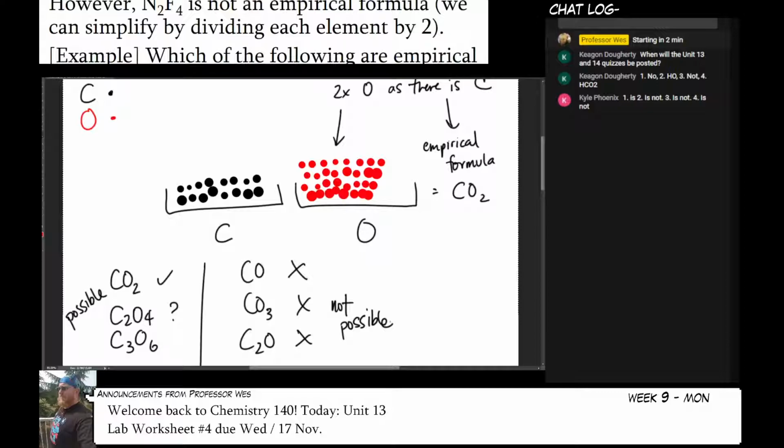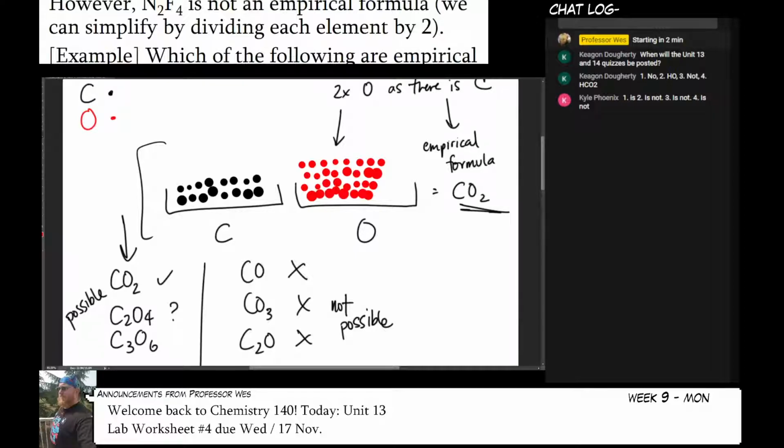So empirical formulas are a tool that help us figure out what the formula of a compound is related to. In this example with my carbon and oxygen, everything points to there being twice as much oxygen as carbon. It would be one of these formulas right here, so it helps us narrow it down.